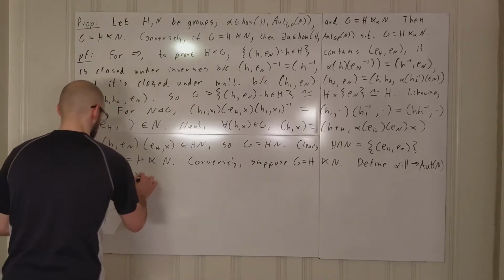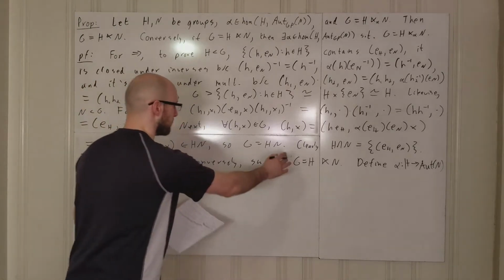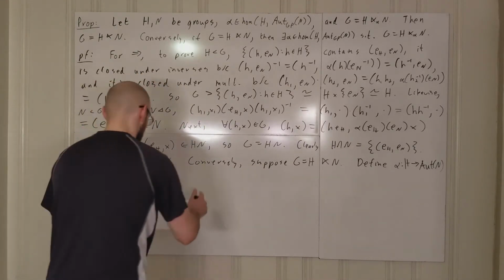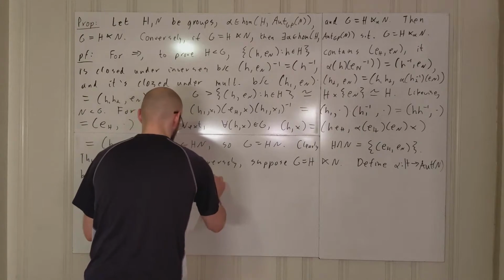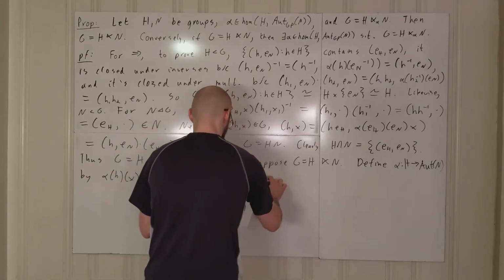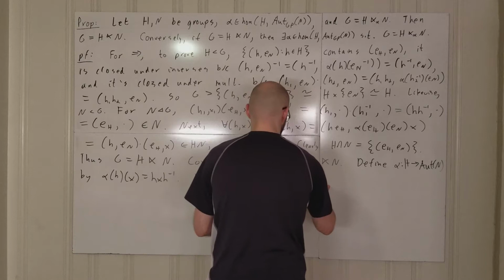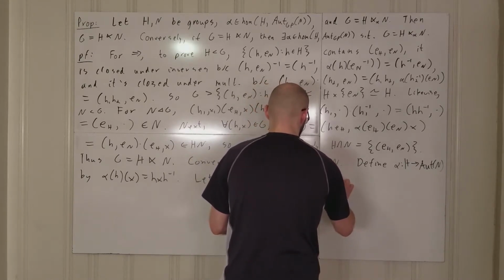Alpha h of x is h x h inverse, and this is sort of underlying the idea of semidirect products. But anyways, let's check that alpha is in Hom(H, Aut N).